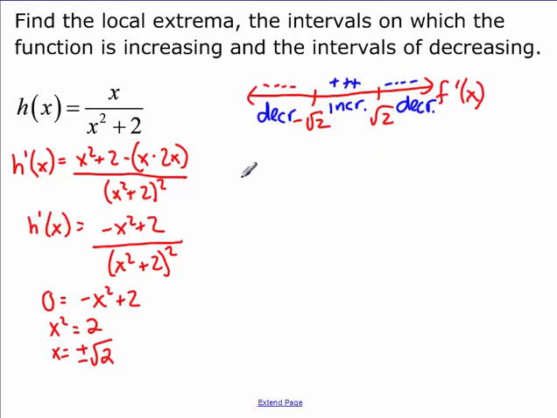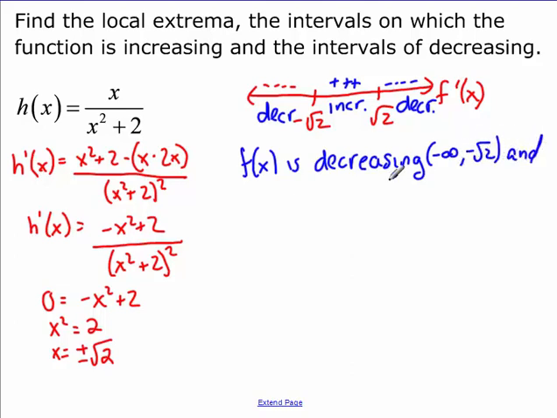Okay, so f of x is decreasing on our interval from -∞ to -√2 and from √2 to infinity because f prime of x was less than 0.